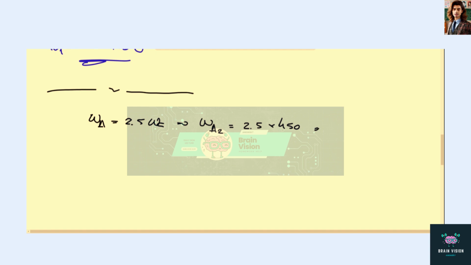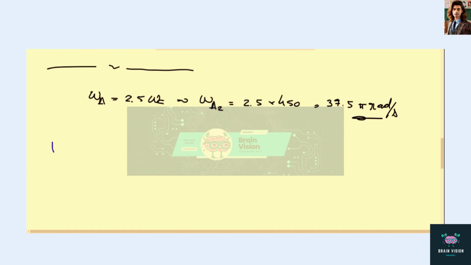This gives us precisely, let me see, 37.5 pi rad per second. And that's the omega that we're going to use.